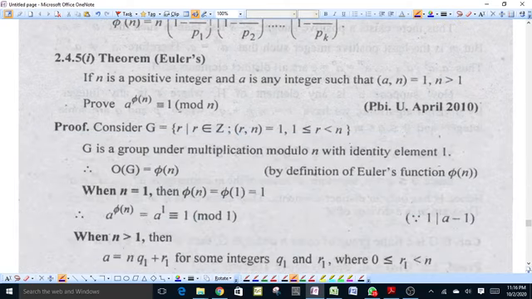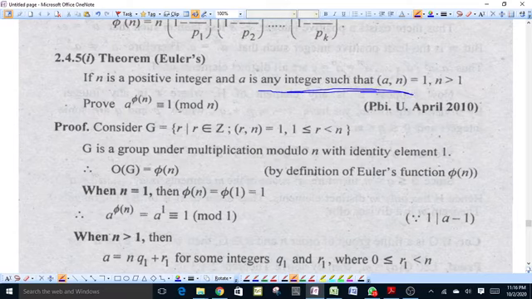Now, Euler's theorem: if n is a positive integer and a is any integer such that a and n are relatively prime, then prove that a raised to power phi n is congruent to 1 modulo n.